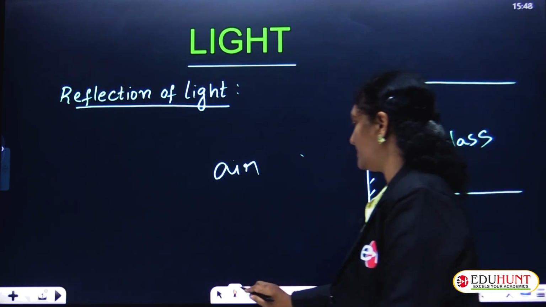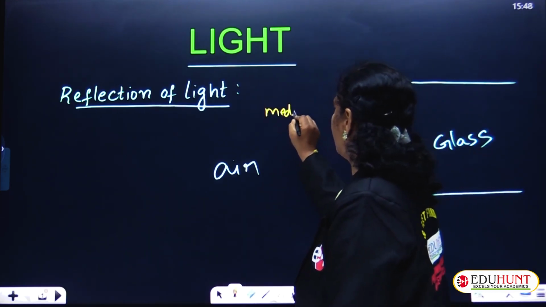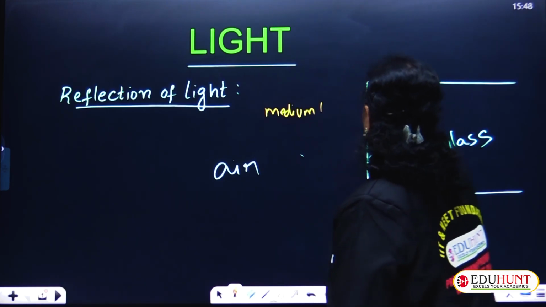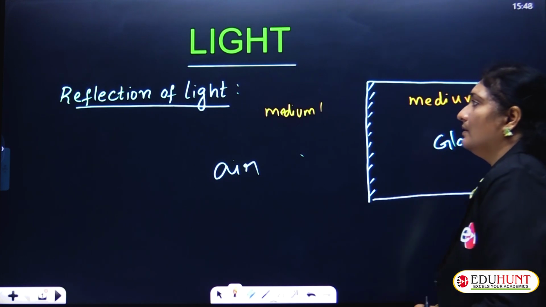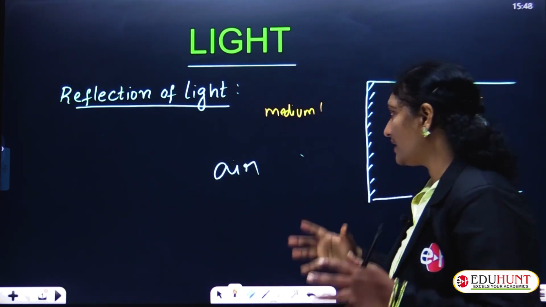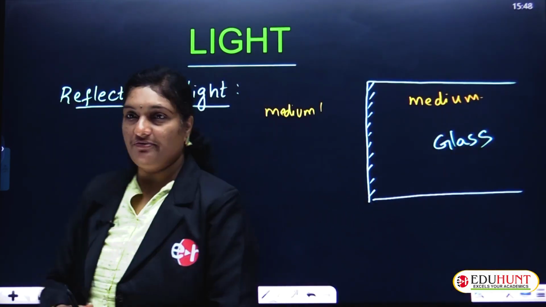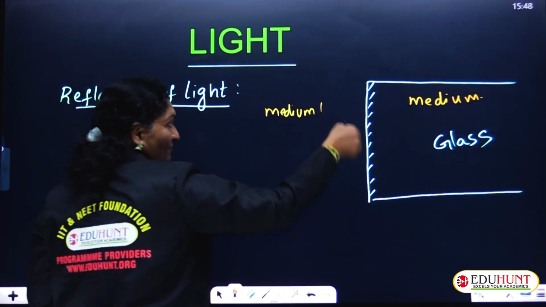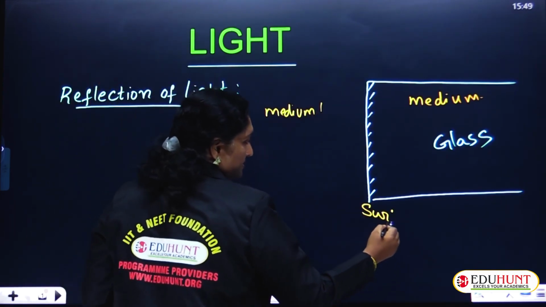So we have considered two different mediums. This is medium 1 and here it is medium 2. So in order to understand the reflection of light, we have to consider a beam of light. This is the surface, as I told you, that interface itself is called a surface.